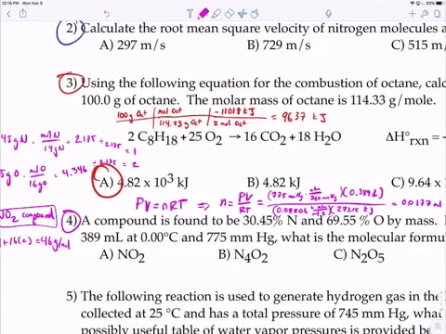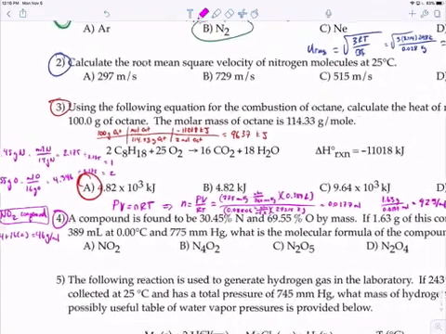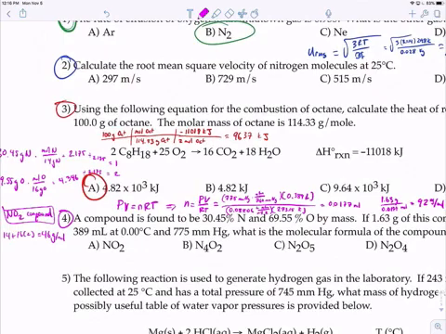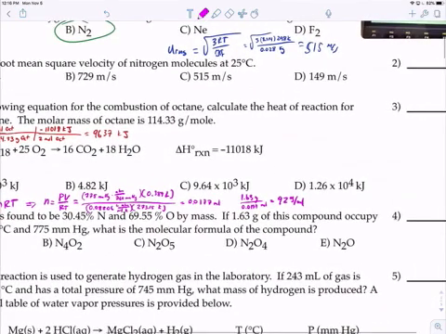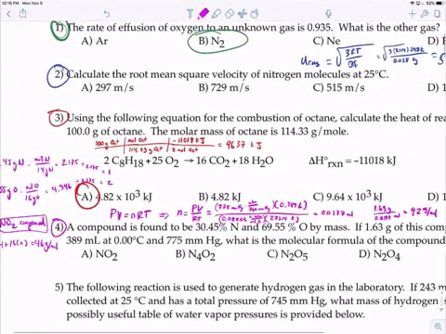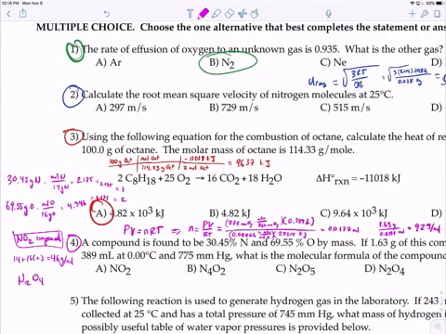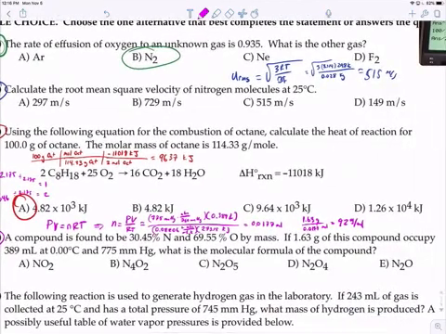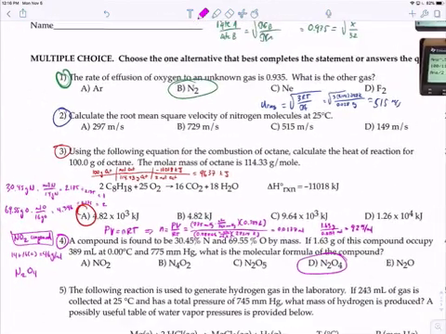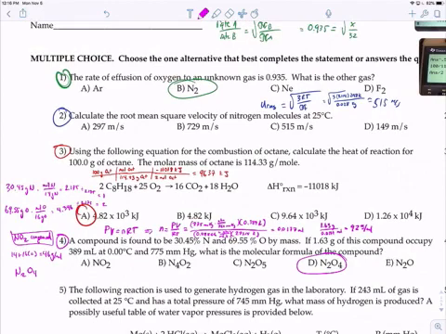So if NO2 is 46 grams per mole and our molecular weight is 92, that means we have 2 units of the NO2. So that means we have N2O4. Does that make sense? Okay, I'll re-explain it. So that's N2O4. It's this one here. Okay. All right.